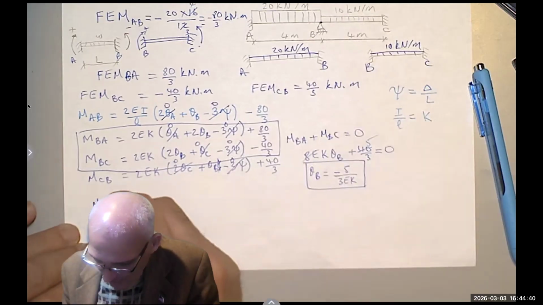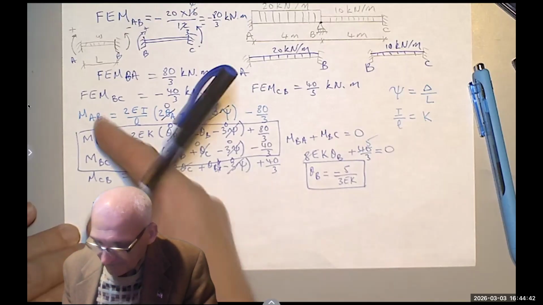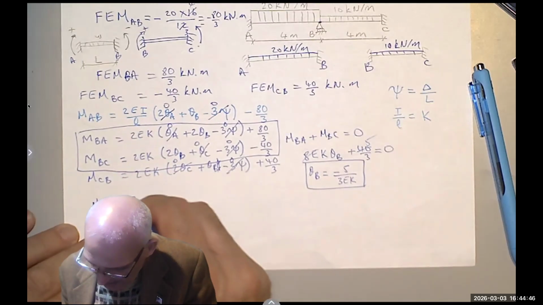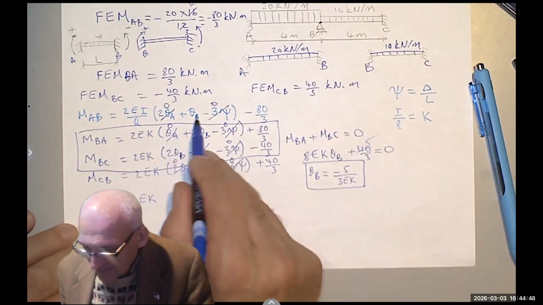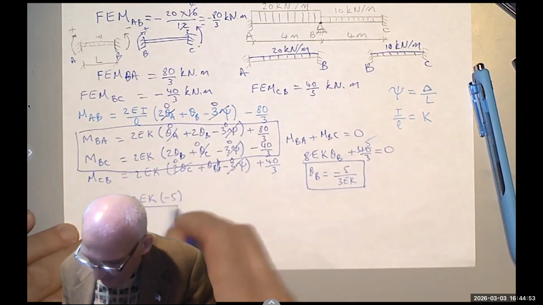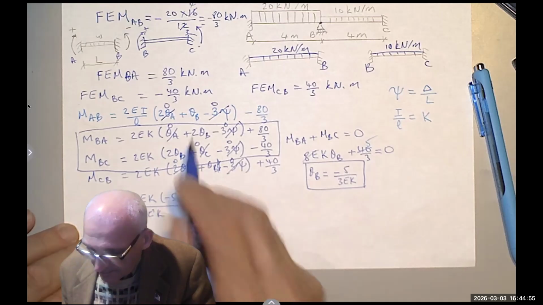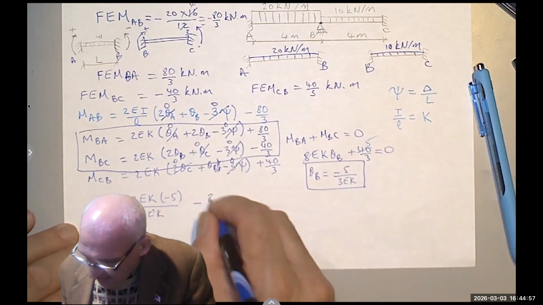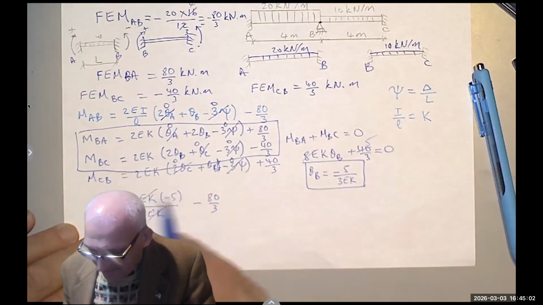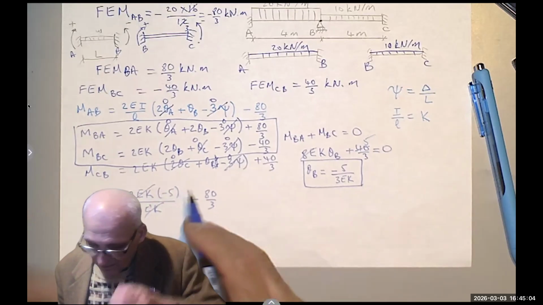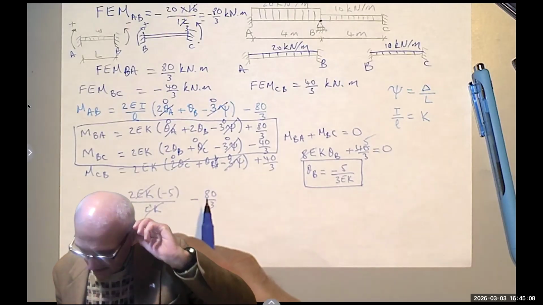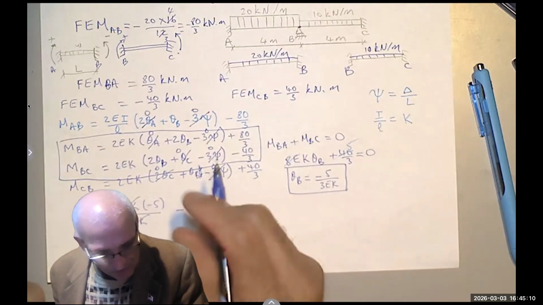Now we are going to say, what is MAB? It's 2EK times theta B. Oh, but theta B is negative 5 over 3EK, minus 80 thirds.